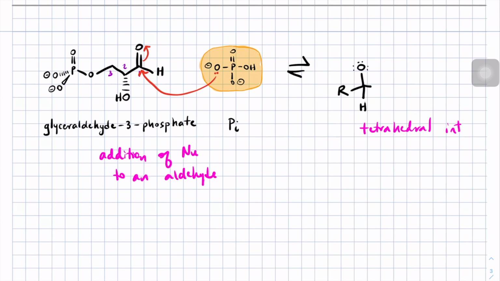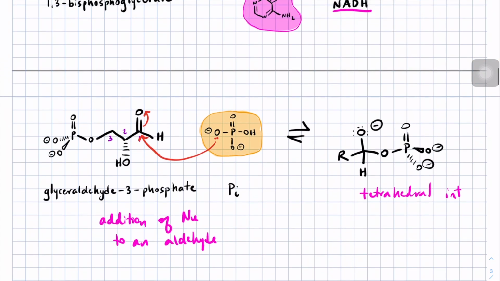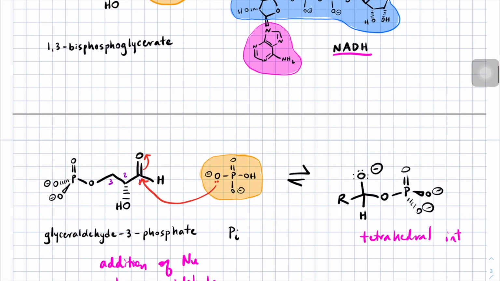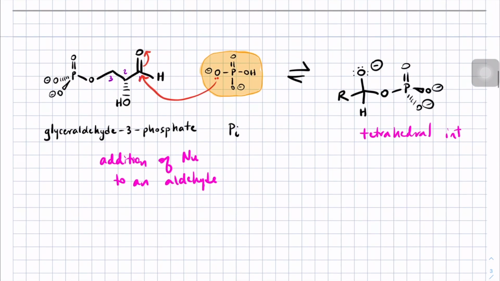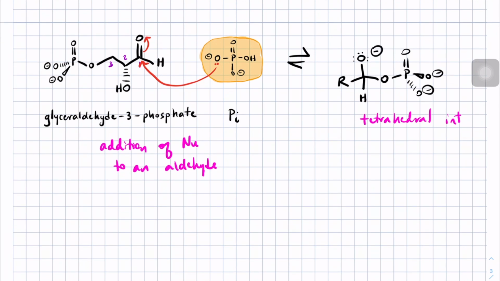Here's the hydrogen, and here's the phosphate group that we just barely added. And you'll recall back in chapter 20 when we did addition of nucleophiles to aldehydes, we would often get to this point and say, well, if there's a good leaving group, it can get kicked back off, and that can certainly happen. These electrons could kick off the phosphate as a leaving group.